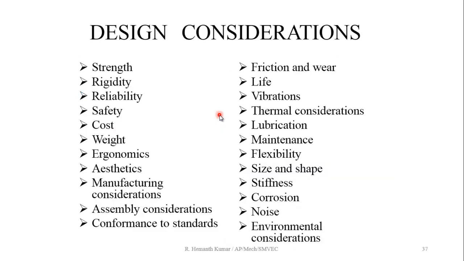So these are all various properties which we have to consider while designing. Other than these, there are a few other factors like safety, cost, weight and ergonomics. Other than material properties, we have to consider non-technical factors also. For example, cost has to be feasible for buyers. Weight also has to be considered.